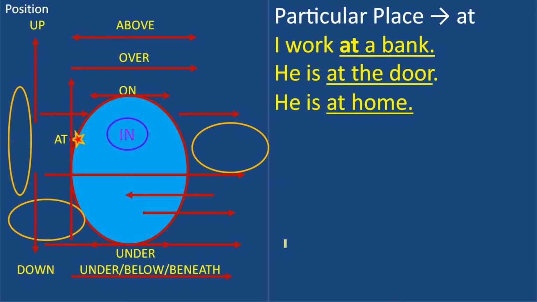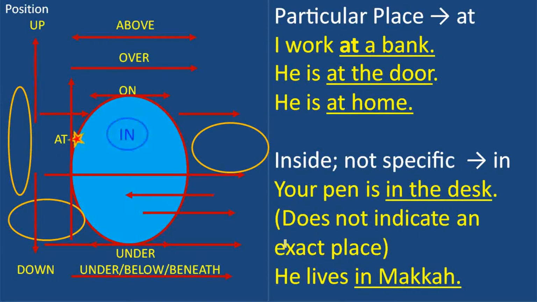If something is in something, that time we will use in, and it mustn't be specific. For example, your pen is in the desk. The pen is in the desk, but I don't know where it is: at the left corner, right corner, or middle position.